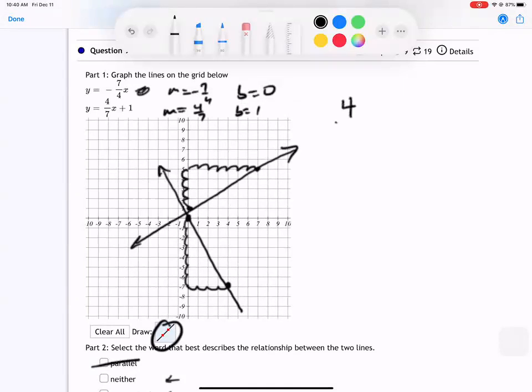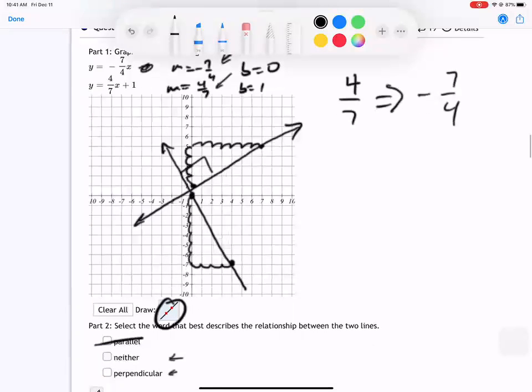So if one slope is 4 over 7, then the next slope would be negative 7 over 4. Right? Negative 7 over 4. So is that true? Take a look at my two slopes. Are they negative reciprocals of each other? They apparently are. They are perpendicular to each other. They do form a right angle. They are perpendicular.